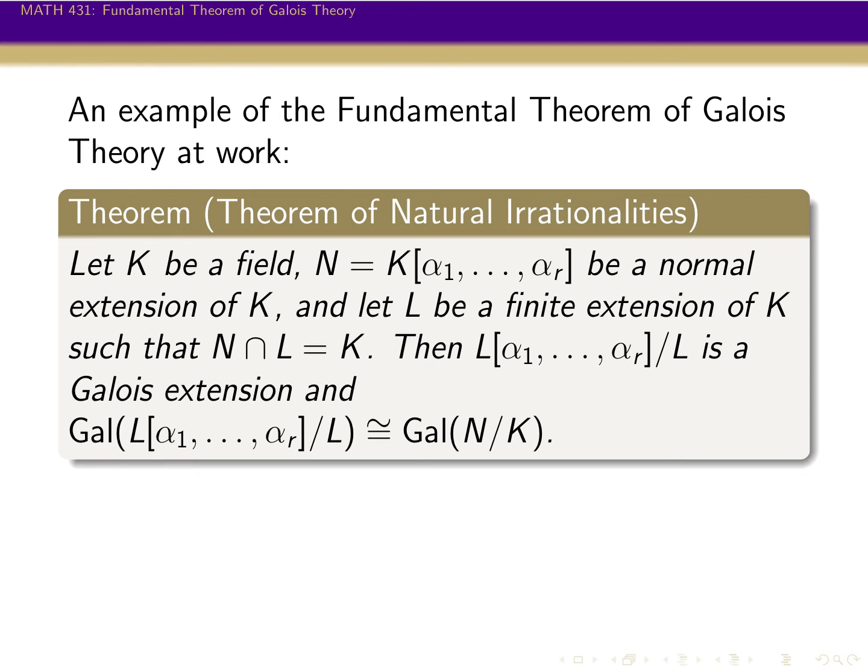And so the statement is we're going to start with a field K. This needs to be a subfield of C. And we're going to let N, which is equal to K adjoin alpha 1 through alpha r, be a normal extension of K. Then we're going to take some other extension L, which is also a finite extension of K. And we need that the intersection of N and L, so these two extensions of K, the only subfield they have in common is K. And so their intersection N intersect L is equal to K.